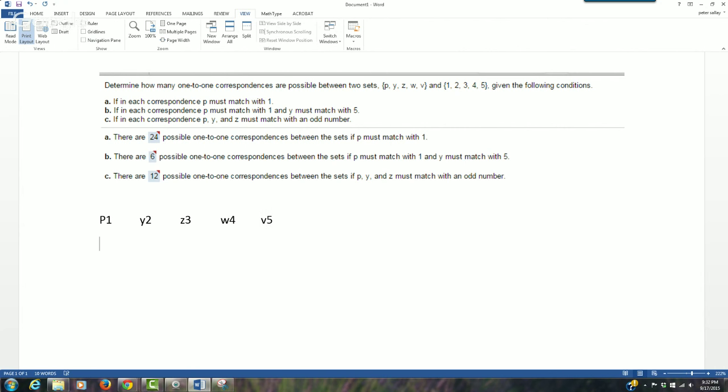But that's just one way to do it. So if I do P1 again, and if I partner Y up with somebody else, so say Y goes with 3 now, and Z goes with 2, and then W stays with 4, and V and 5 go. Does that make sense? Yeah.